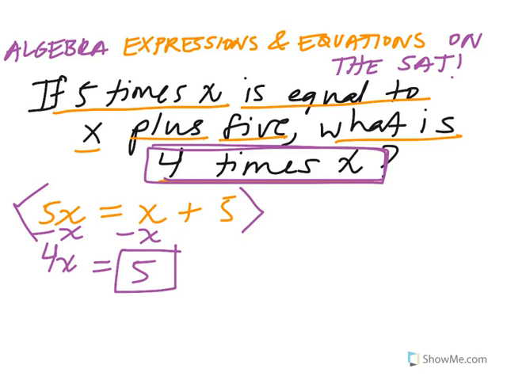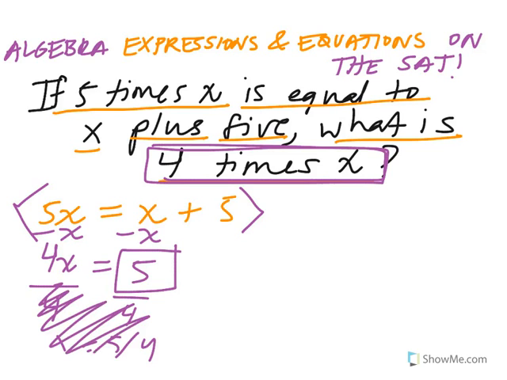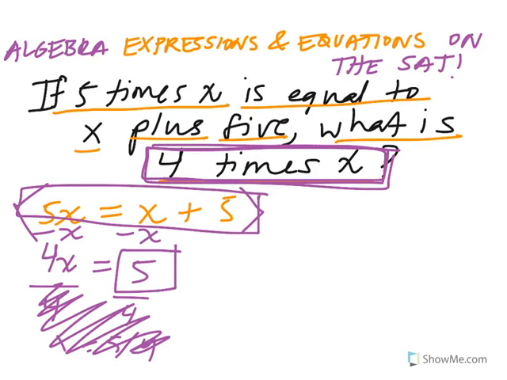There's no need to solve for x by dividing by 4 and saying x is 5 over 4. It's just crazy. You don't need to do that. Since the problem asked you to find 4 times x, you look at the equation you have and you say, is there any way I can manipulate that to get a 4x all by itself? And in this problem we've done it, and the answer is 5. Pretty easy.